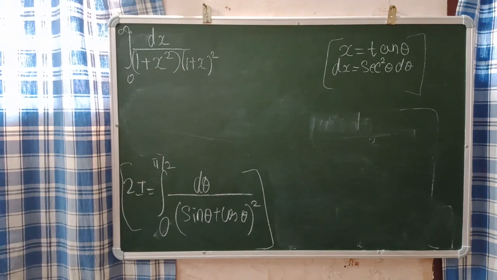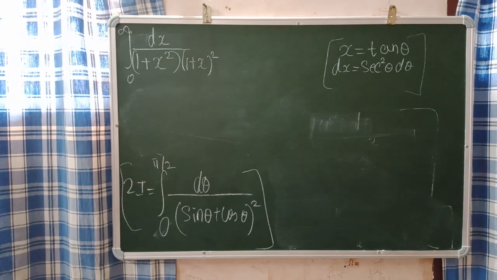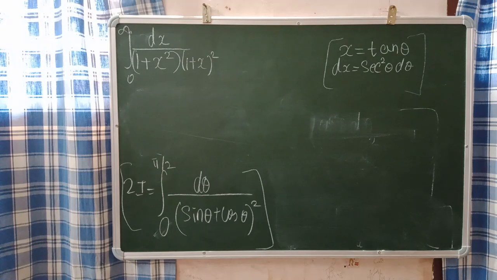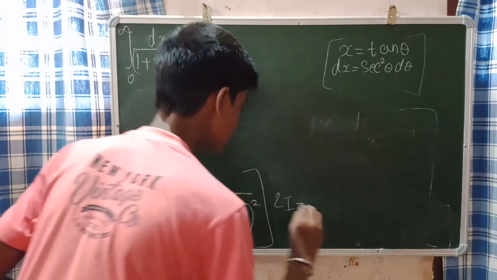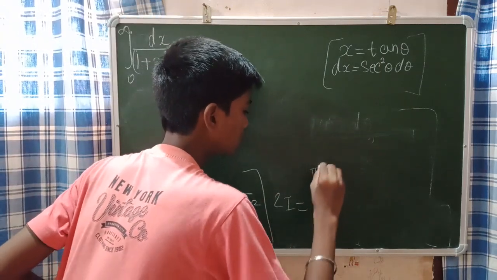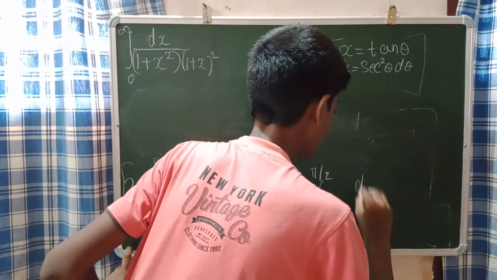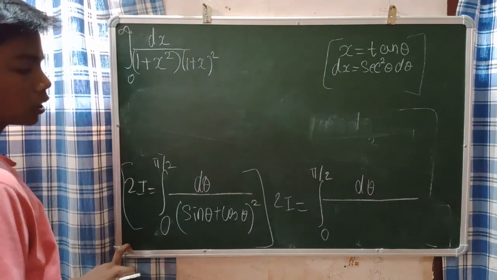So now what I'm gonna do next is, listen carefully, guys. After this, the thing that I'm going to do is the very important part. Now I can write this 2a as integral 0 to pi by 2 only of d theta divided by sin theta plus cos theta whole square.